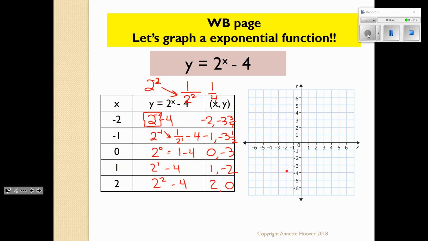We have -1 and -3.5, which is about right there. 0, -3, 1, -2, and 2, 0. So you can see it started out kind of gradual, and now it's steadily increasing. That's an exponential function. So there are examples of cubic and exponential functions.